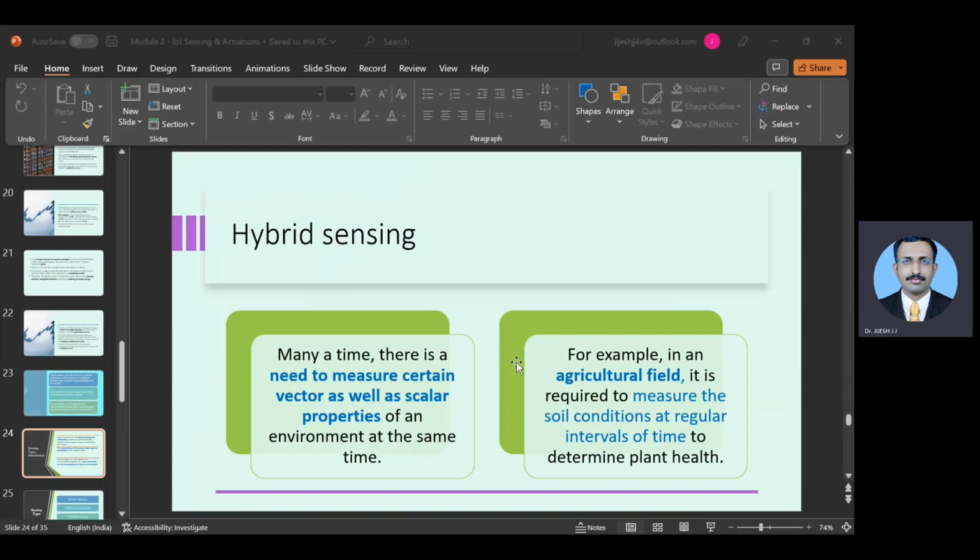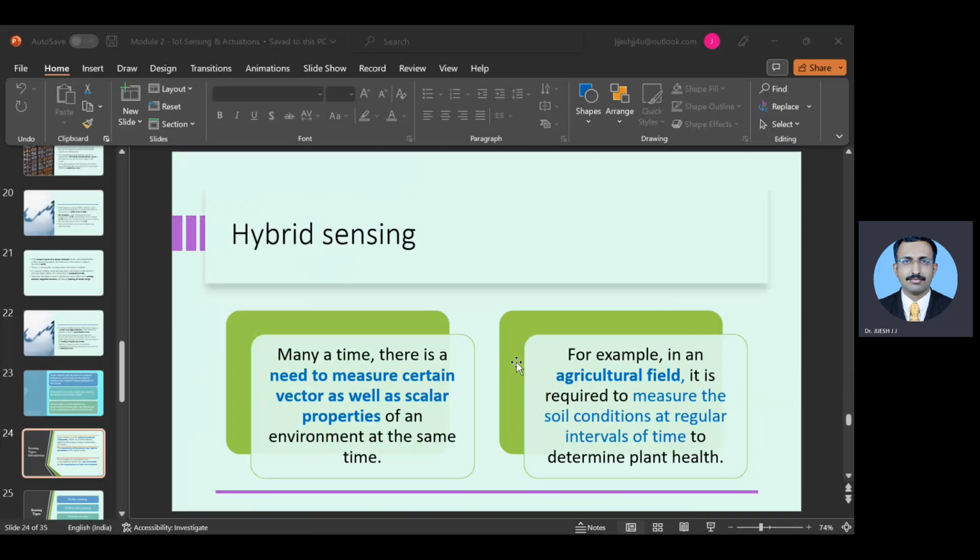Hybrid. Hybrid means what? Combination. So there is a need to measure certain vector as well as scalar properties of an environment at the same time. If you sometimes need scalar and vector properties to be measured at the same time, you use hybrid sensing. Example: in the agriculture field, measuring the soil condition at regular intervals of time.